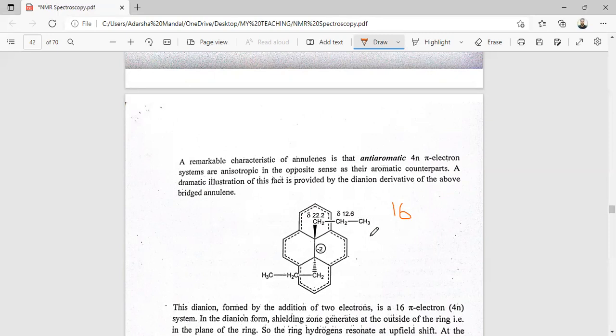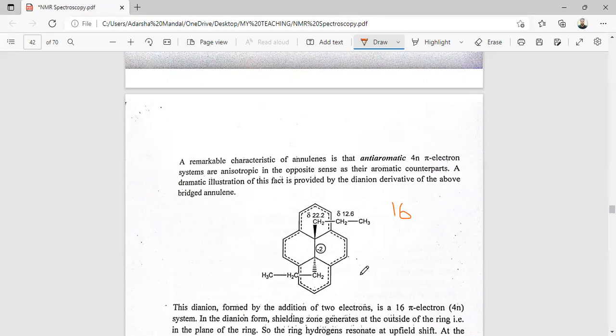For this anti-aromatic compound, the situation is opposite. For the anti-aromatic compound, the shielded zone is created in the plane of the molecule, and the deshielded zone is created on the upper and lower sides of the plane of the molecule.